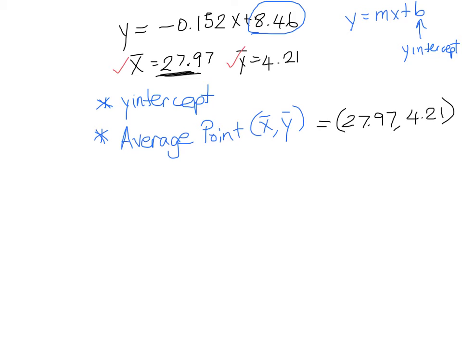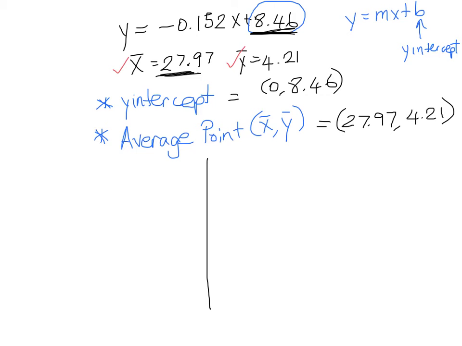Now we have two points: our y-intercept, which is 0, 8.46, where 0 is because it's on the y-axis and 8.46 is how high up it goes.